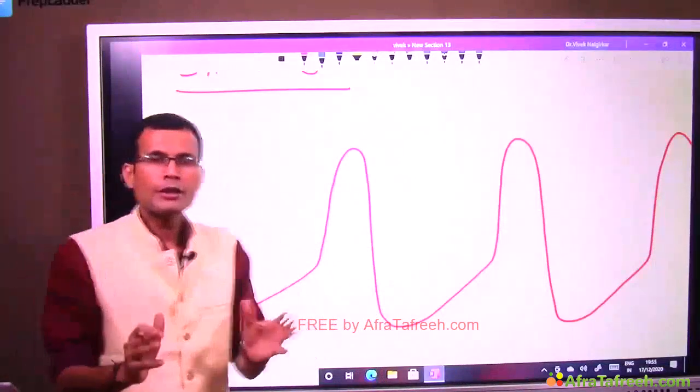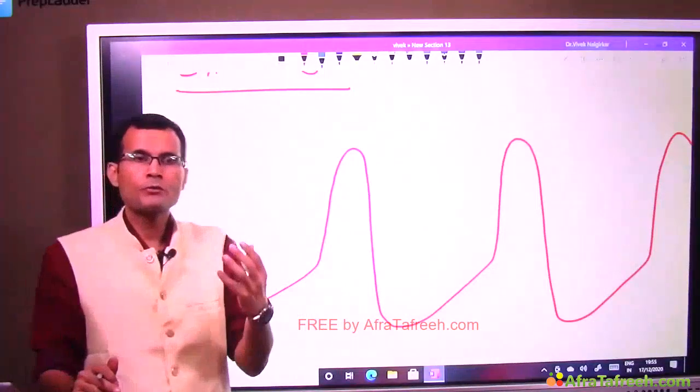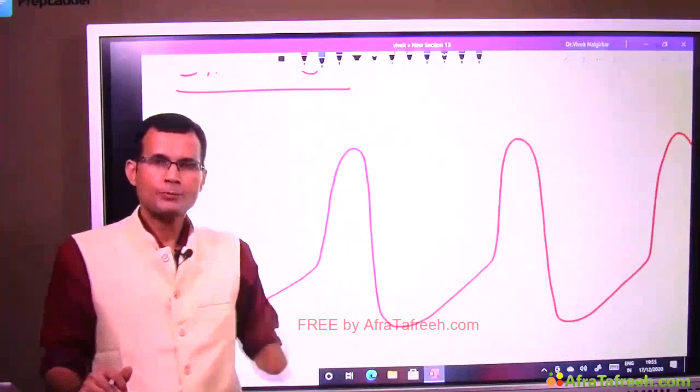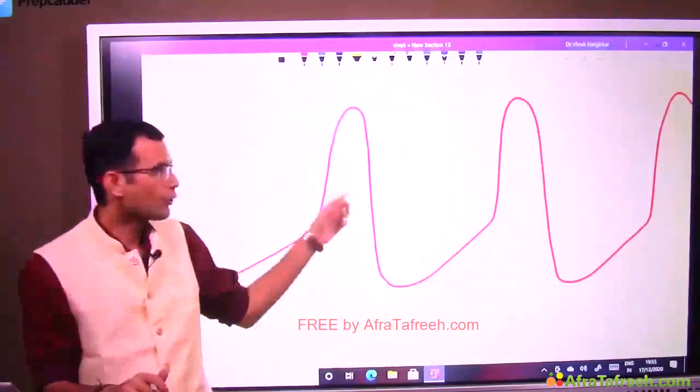Just to have a clear-cut idea, I am starting with repolarization because we need to understand what happens at the end of repolarization. Okay. So I am putting the numbers slightly differently for these phases.